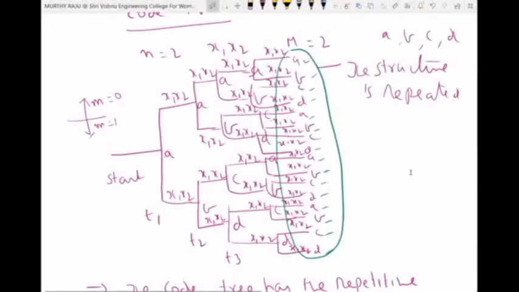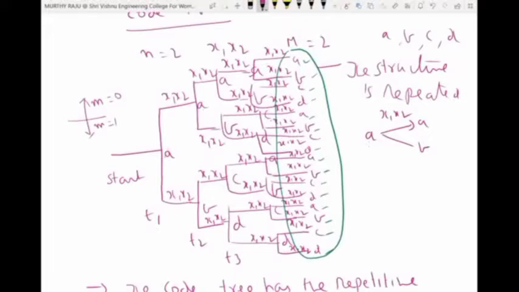With the help of these transitions, here A to A, A to B. A is the current state, here A goes to A again as the next state. A is the current state, goes to B state.